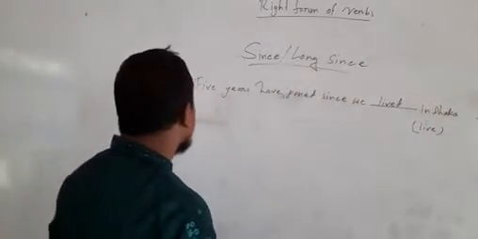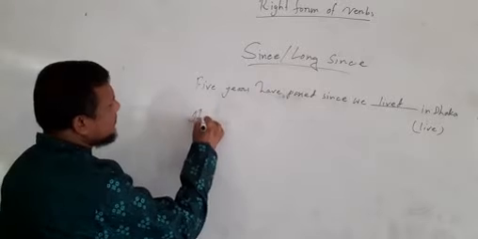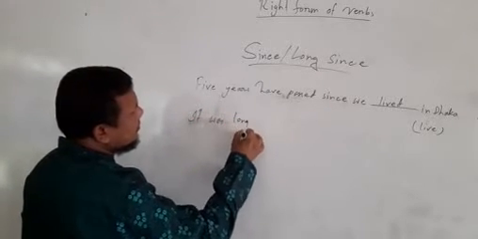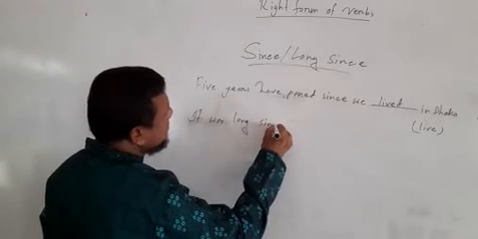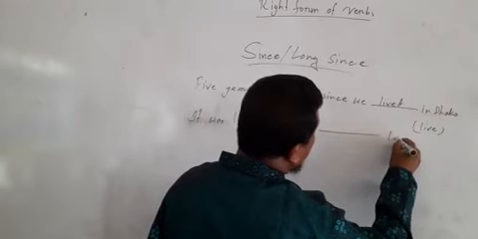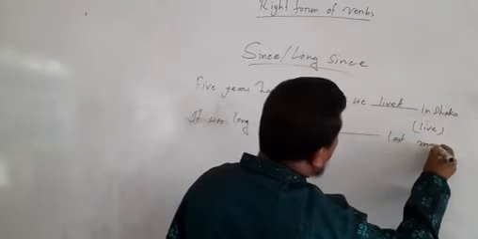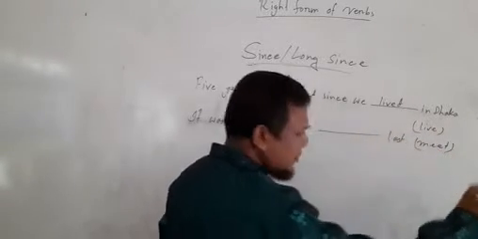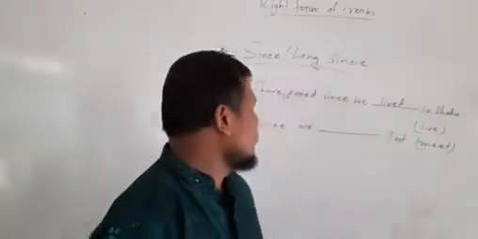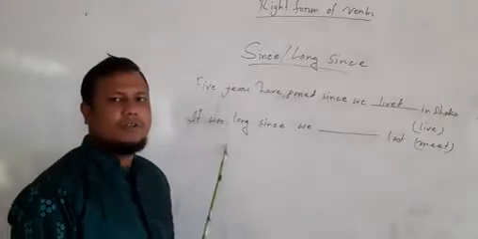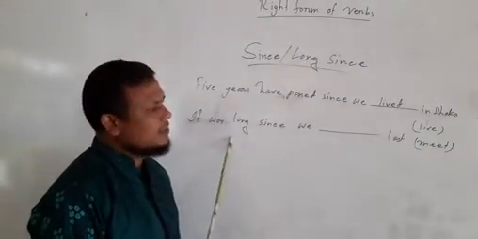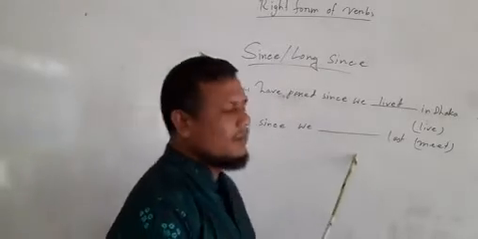Second rule, it was long since we dash last. For example, the verb is meet. In this sentence, the first clause is past indefinite: it was long since. And the second part will be past perfect.